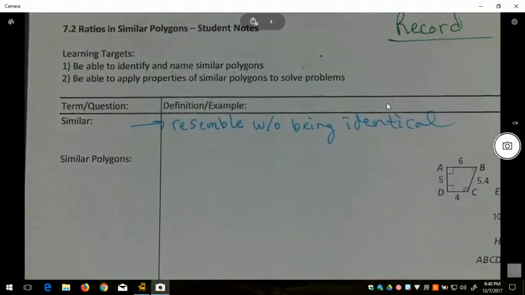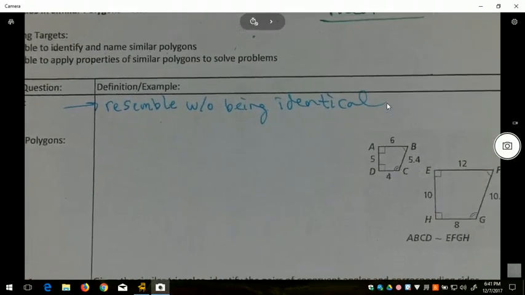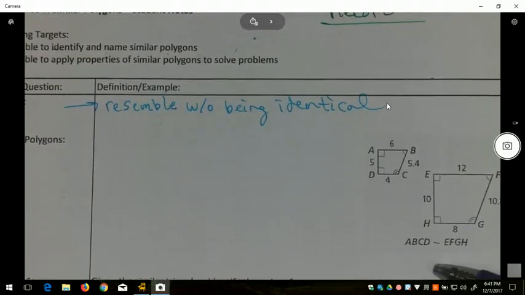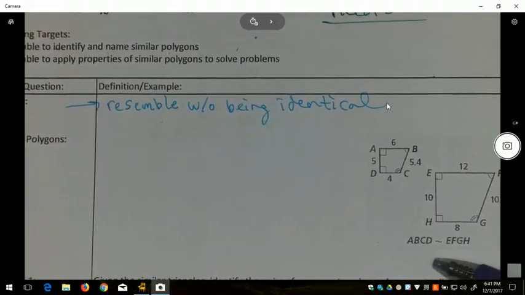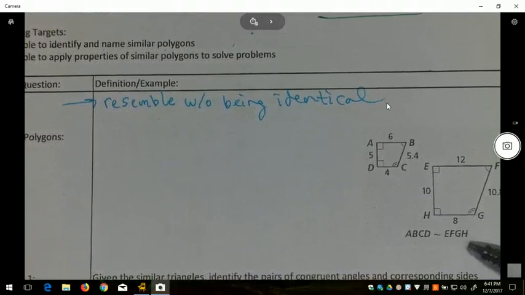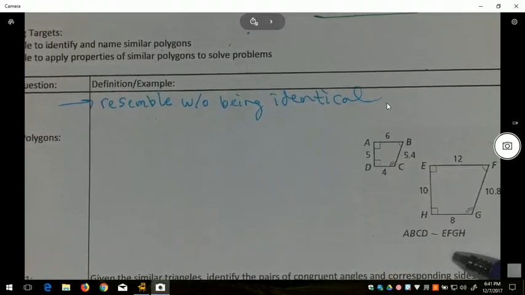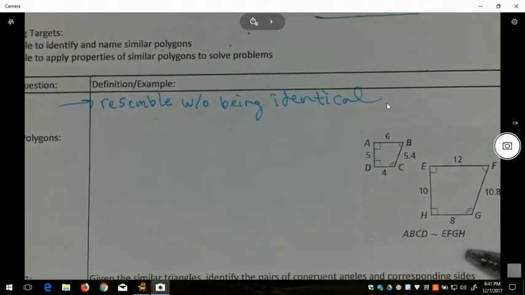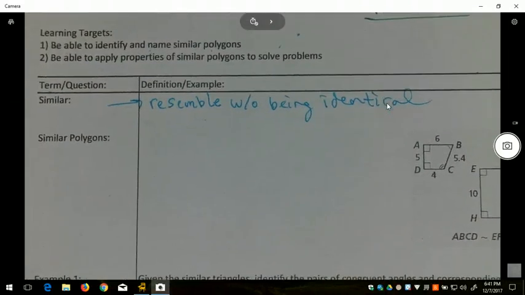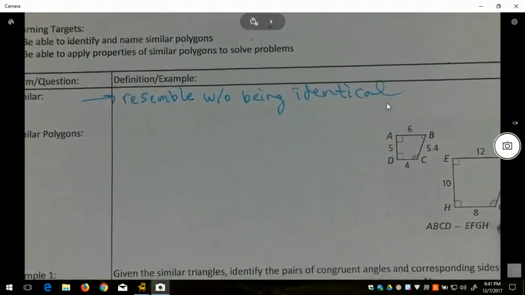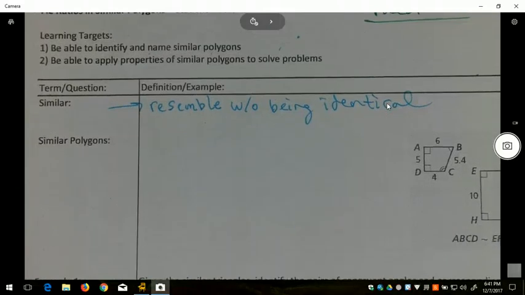But similar polygons have something more specific about them, like these two shapes here do, to make them similar without being, let's say, congruent. They're not congruent because they're not the same shape and same size. But they are the same shape, and they have some things about their angles and sides that make them similar.